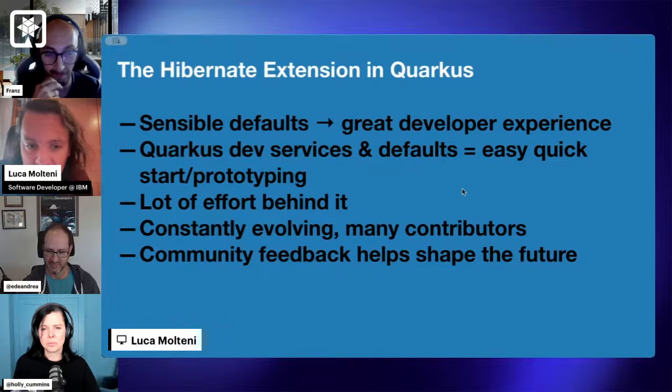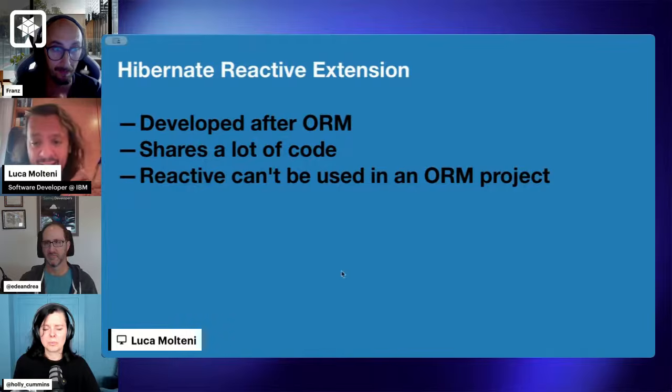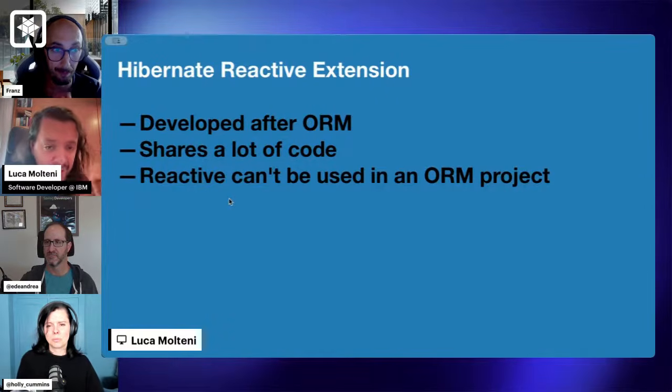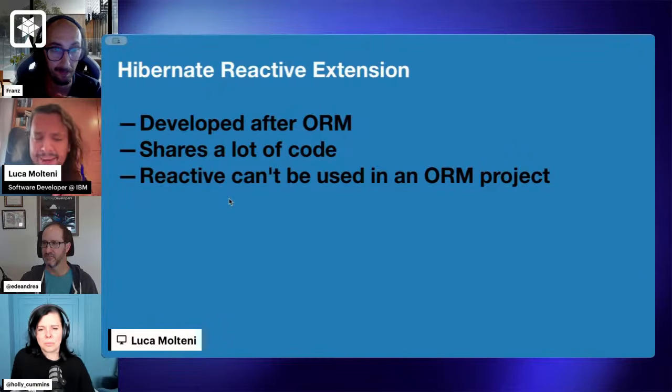Well, let me introduce to you the Hibernate Reactive extension, because Hibernate Reactive has an interesting story. It was developed after Hibernate ORM, but we decided to do it fast. We decided to share a lot of code with it, and it wasn't necessarily the best choice. And in fact, we still have a lot of active development on it.